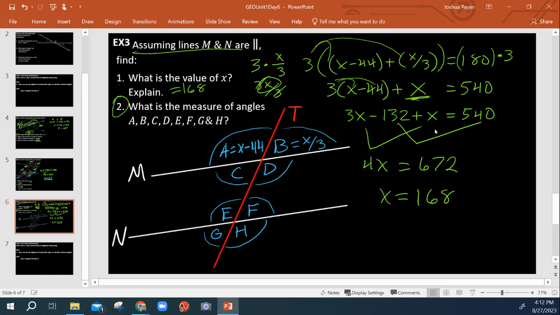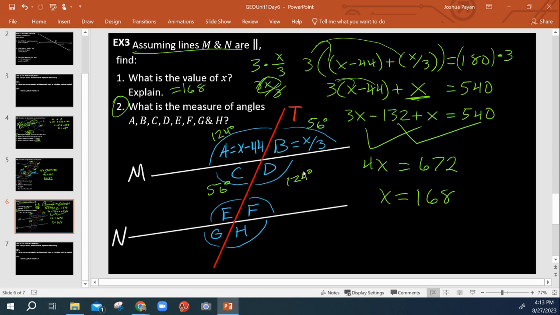So 168 minus 44, that gives me 124 degrees, right? 168 divided by 3 gives me 56. Okay, and we can check our work. 124 plus 56 are in fact equal to 180. Opposite angles are congruent.